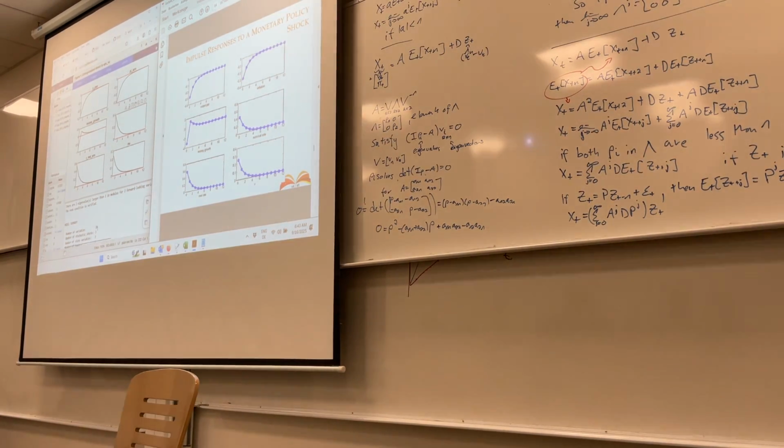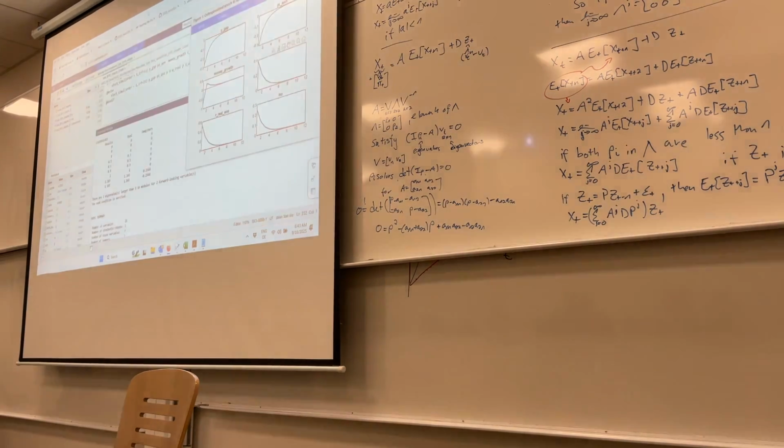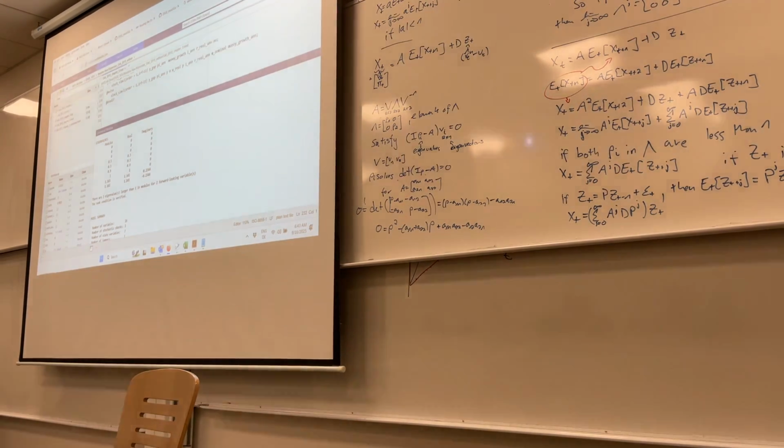That gives a quarterly money growth rate, so if we want to make this annualized, like in the picture in the lecture, we need to change that definition.